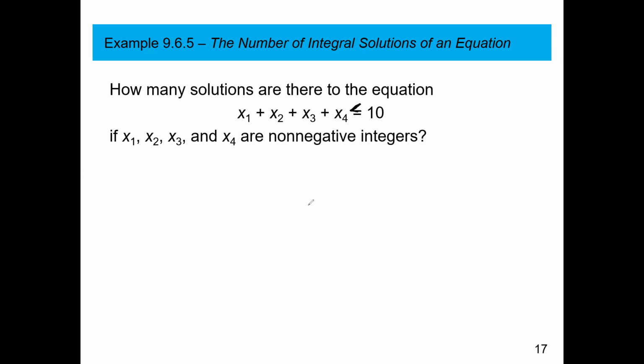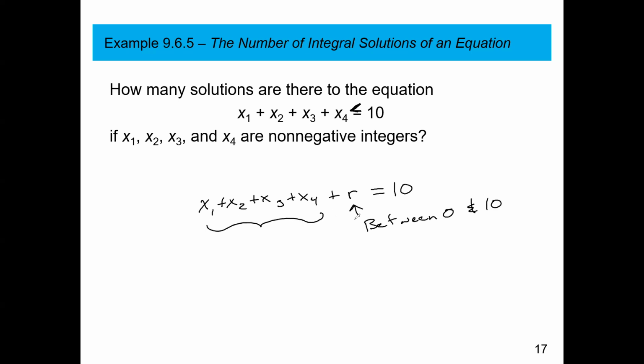Well, then in reality, it could be that x1 plus x2 plus x3 plus x4 could equal 10, but they could also equal some remainder. Well, that remainder could be as little as 0 and as much as 10, because if all of these add up to 0, then we get here.